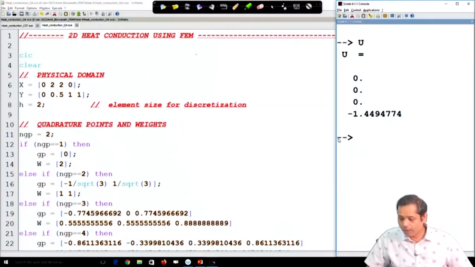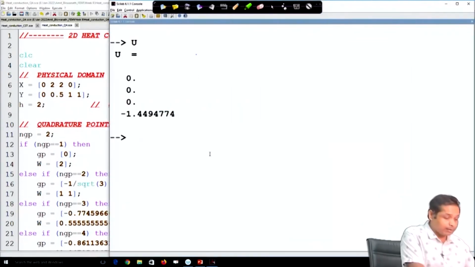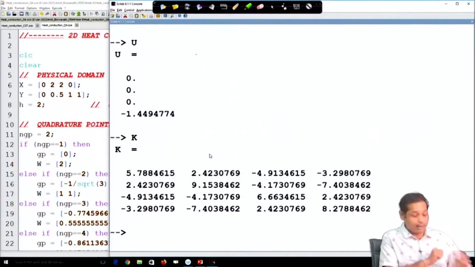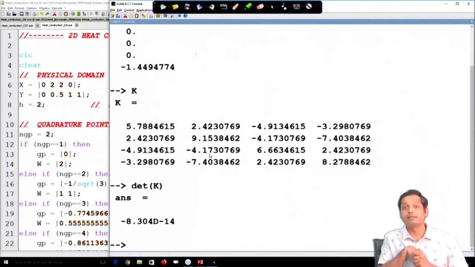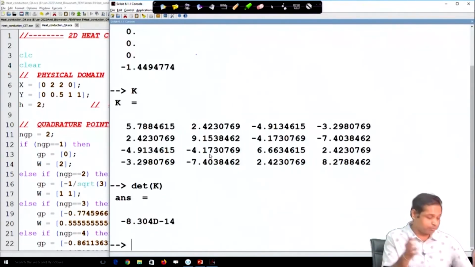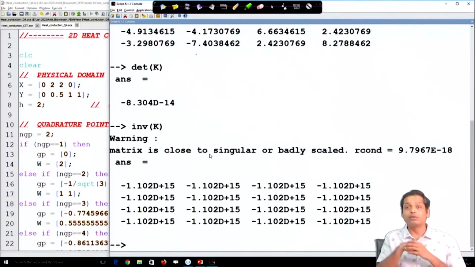Now, next is some of the important things. Let us start with this. So this is our K matrix, and let us find out the determinant of this K matrix. The K matrix determinant is 10 to the minus 14, which is almost 0. And if you try to invert it, it will give you an error that the matrix is close to singular, right?